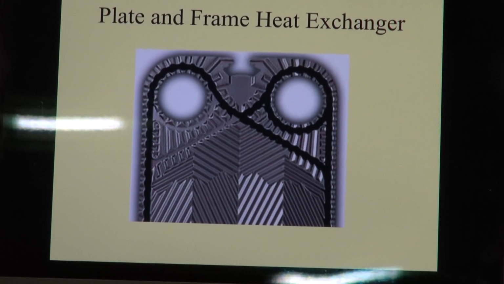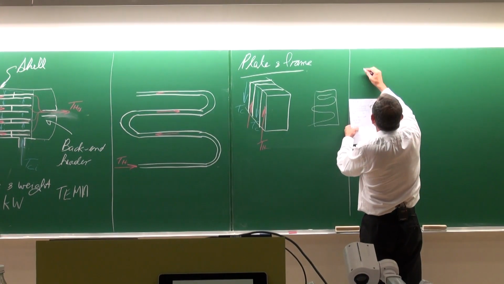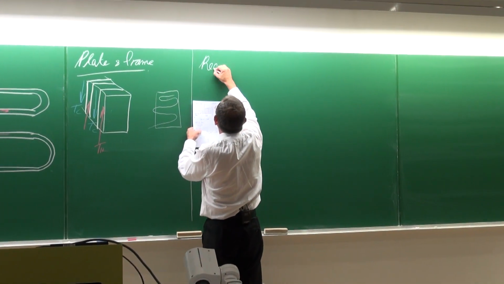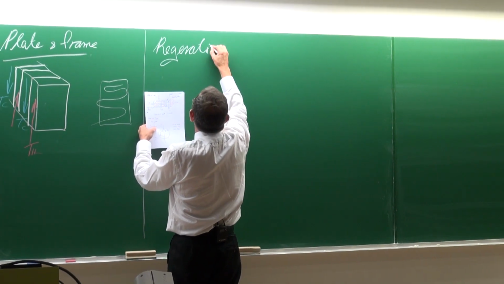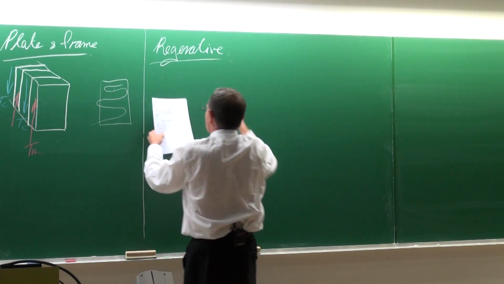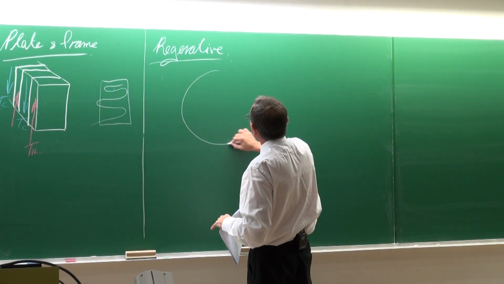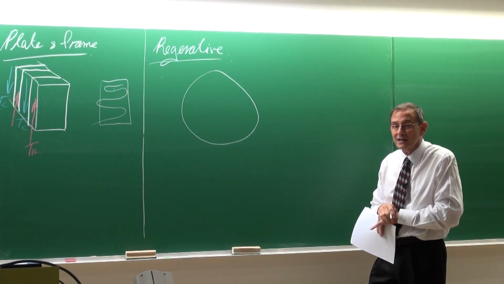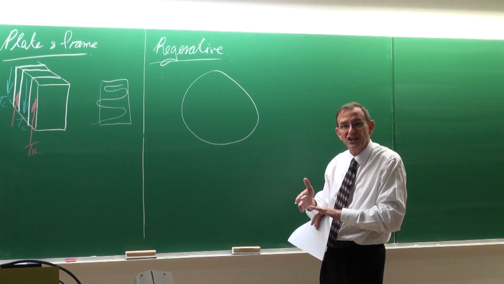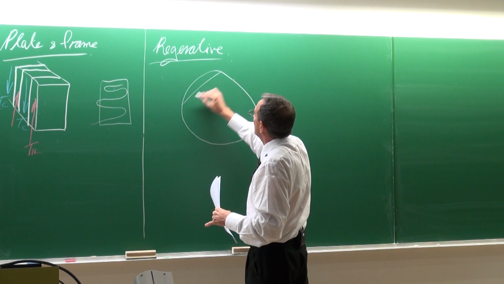The next type of heat exchanger is called the regenerative type of heat exchanger. Regenerative. And the principle of this heat exchanger is normally you've got a geometry, normally a cylindrical disc, and normally it is a porous medium.